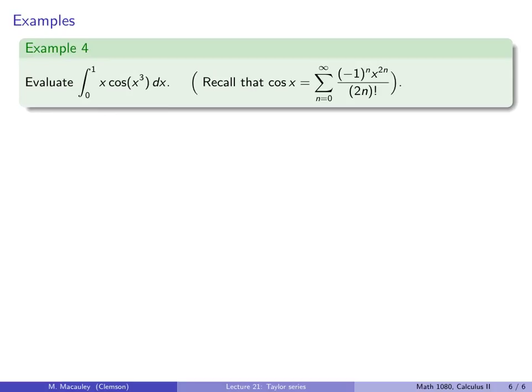But what we can do is, so what is cosine of x cubed? What we can do is, in place of x right here, instead of having an x, we could stick in an x cubed.